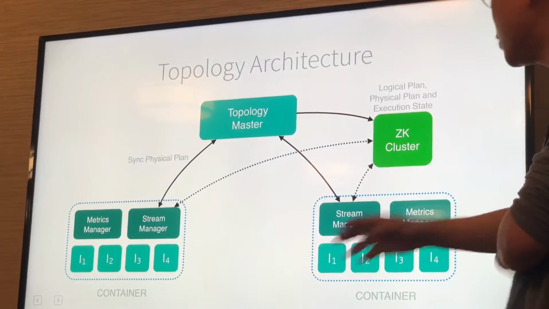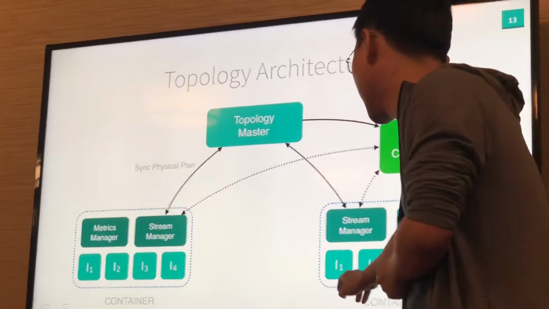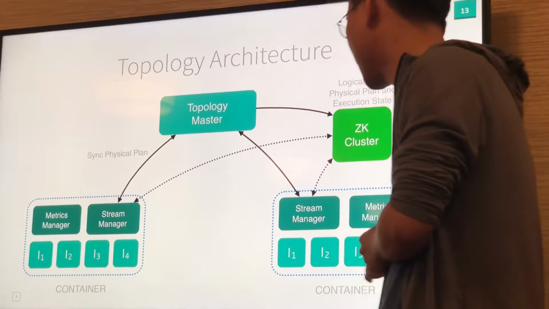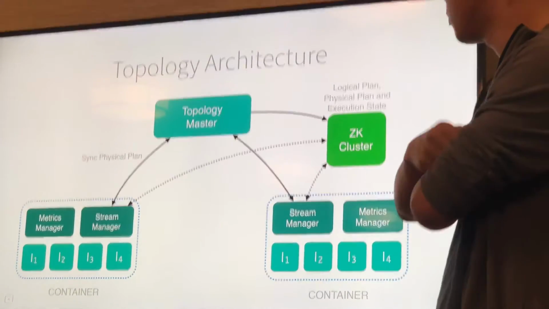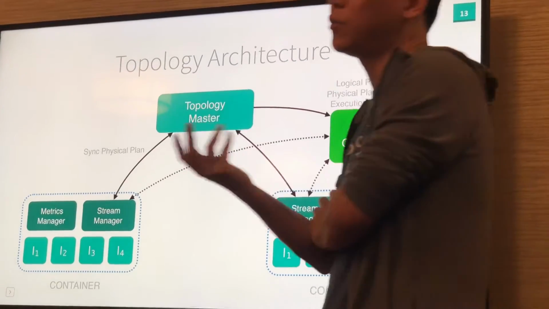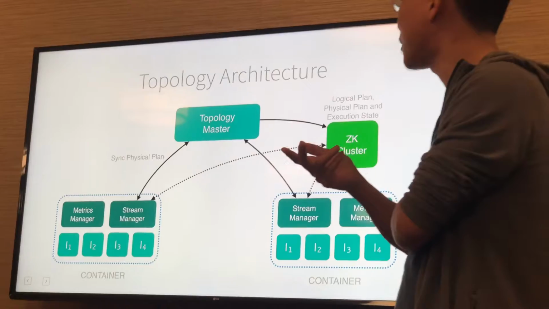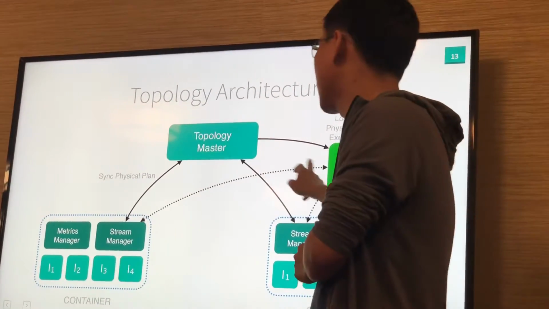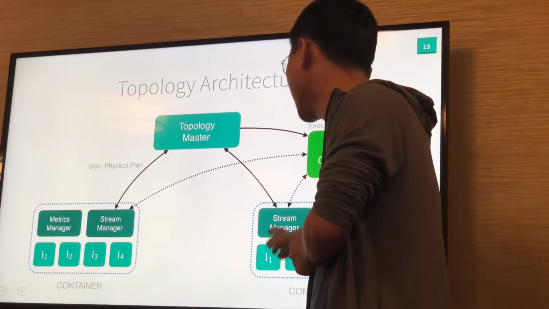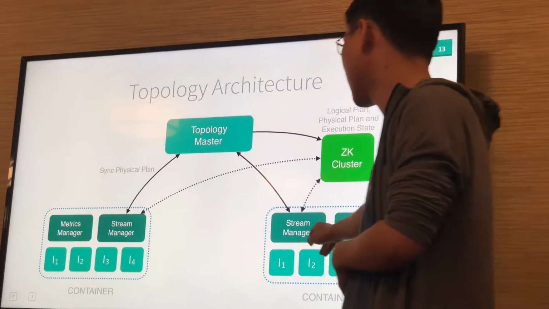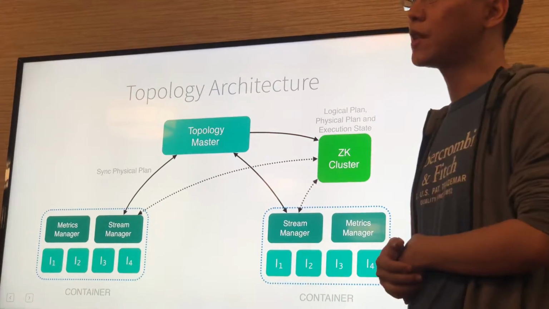Within each container we have a process called the stream manager, and a list of separate processes called instances or workers. When the topology is first started, the topology master writes its own location into ZooKeeper, and within each container the stream manager, metrics manager, and instances are all started separately.